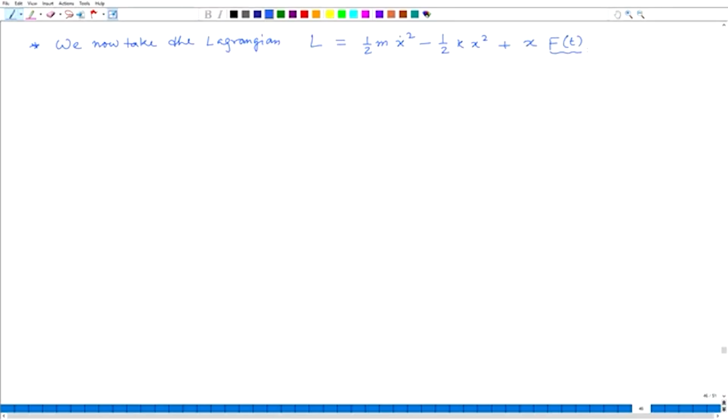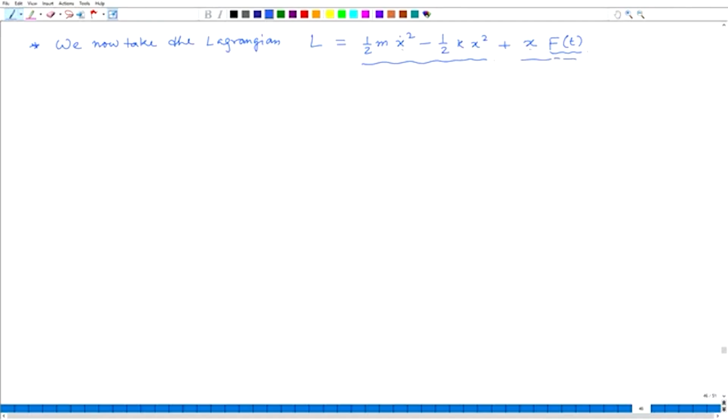I do not know what f is, but this x is just the coordinate. I am talking of one dimensional motion. Okay. This is looking very much like the harmonic oscillator Lagrangian plus something.